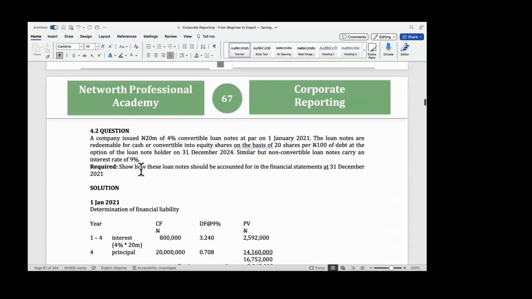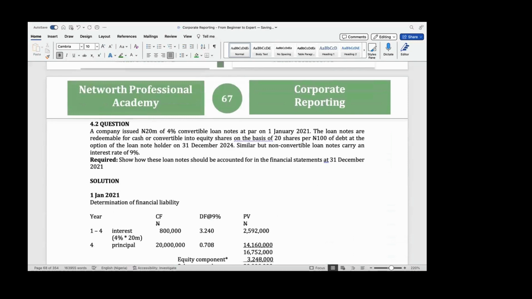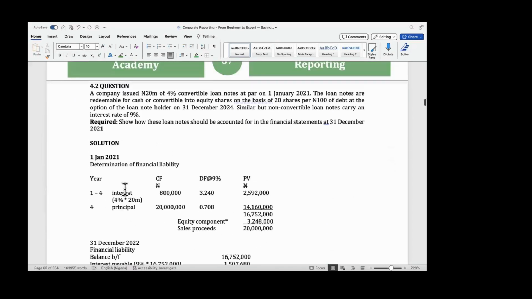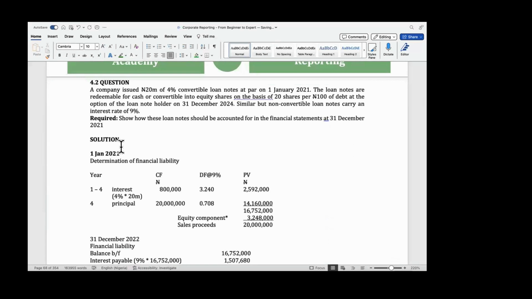Now, this question 2 wants to go a bit further, to what even happens at the end of the year. Similar to question 1, a company issues 20 million 4% convertible loan notes at par on 1st January 2021.